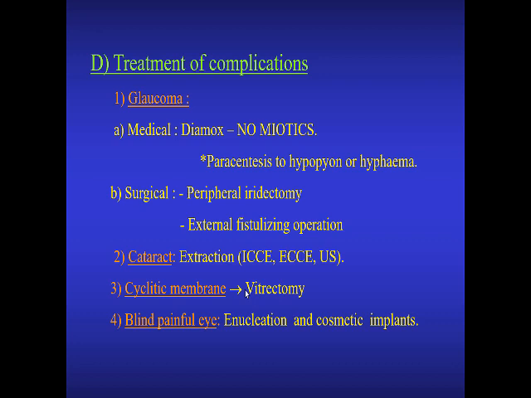Surgical treatment uses peripheral iridectomy, external fistulizing operation. Cataract extraction, either intracapsular or extracapsular, or using ultrasonic power phacoemulsification. For cyclitic membrane, vitrectomy, and for blind painful eye, evisceration and cosmetic implants.